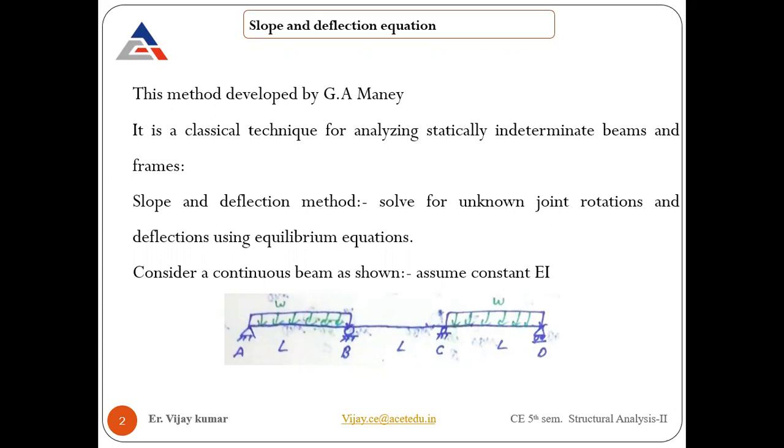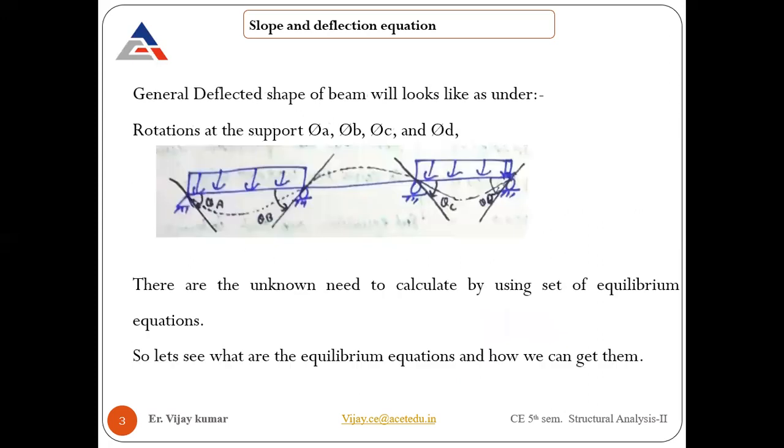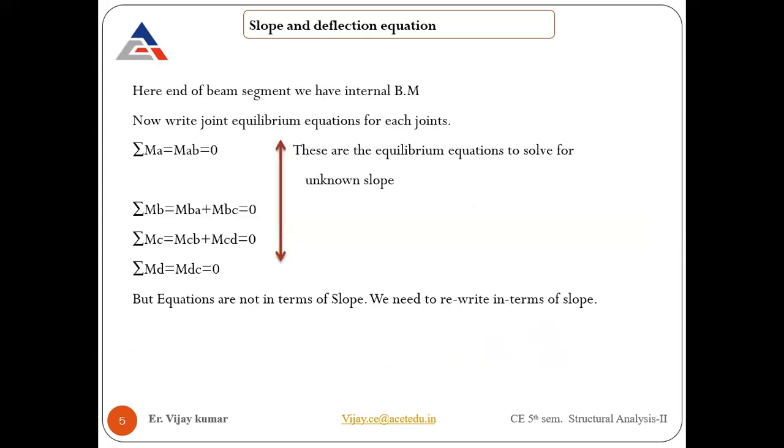Now, we need to bring all the moment equations in the form of slope equations. That is your slope deflection equation, which is nothing but 2EI by L bracket 2 theta A plus theta B, plus the fixed end moment. So this is the first step.